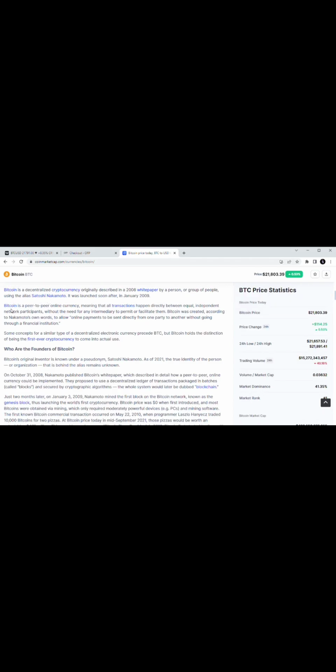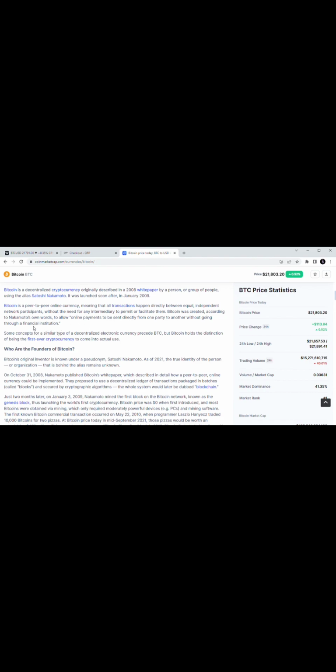So Bitcoin is a peer-to-peer online currency, meaning that all transactions happen directly between equal independent network participants without the need for any intermediary to permit or facilitate them, like the banks or any financial institution. Bitcoin was created, according to Nakamoto's own words, to allow online payment to be sent directly from one party to another without going through a financial institution.